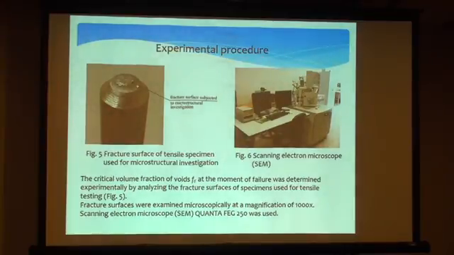Secondly, in order to determine the value of the critical volume fraction, microscopic analysis of the fracture surface was performed. This is the specimen after the tensile test. Here we have the fracture surface, and this fracture surface was subjected to microscopic investigations.